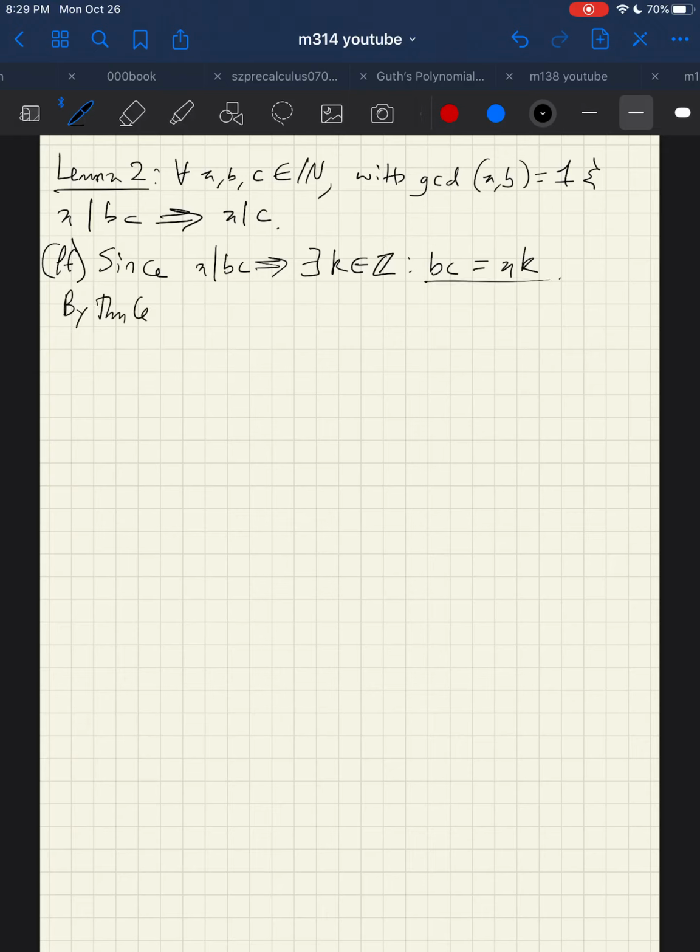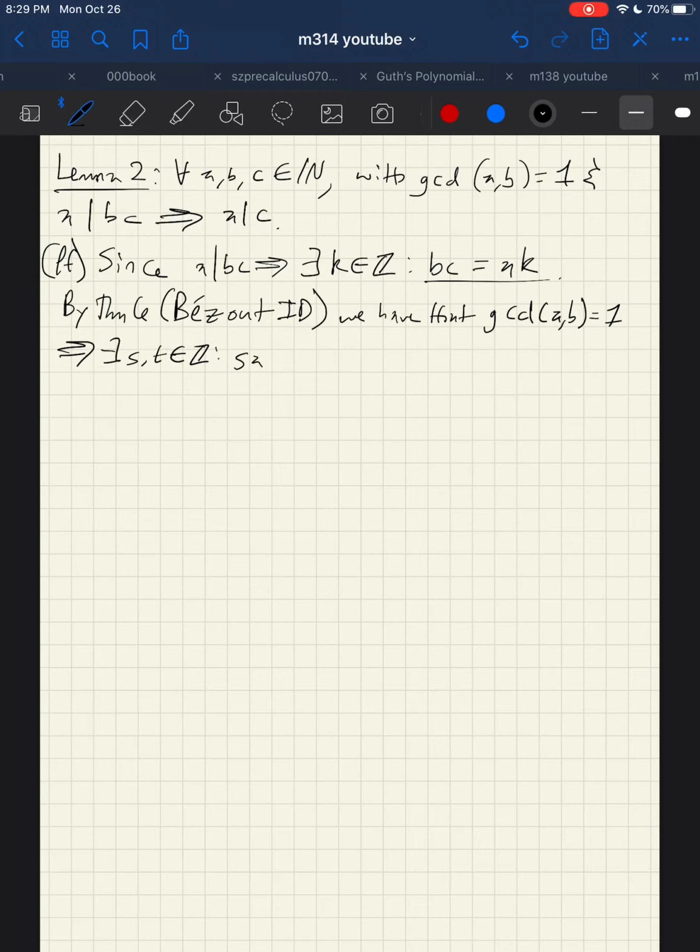Next, by theorem 6, that is the Bezout identity, we have that the GCD of a and b equals 1 implies there exist integers s and t such that sa plus tb equals 1.